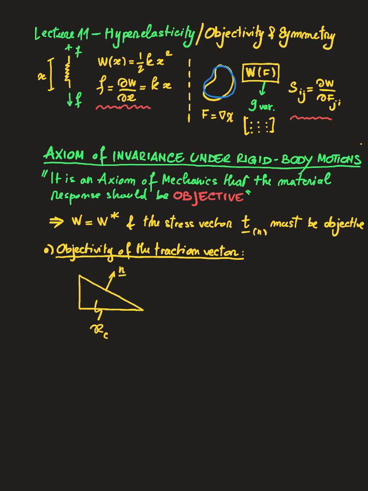What you have seen with Michel is that the contact forces on this block are characterized by a traction vector, which comes from the Cauchy theorem, and it is the traction vector relative to the normal n.